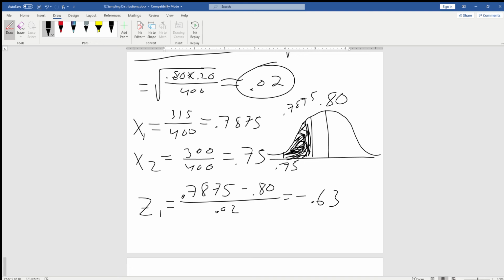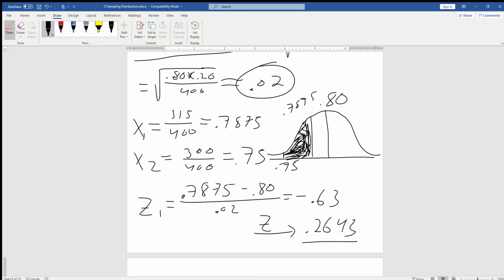And then I'm going to convert this into an area using our z-table. 0.2643 is what I get. Okay, so we're going to hold on to that number.